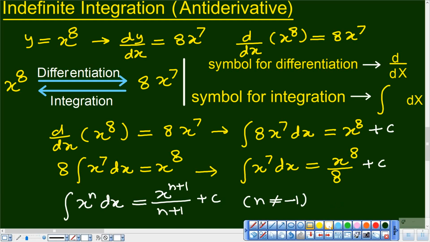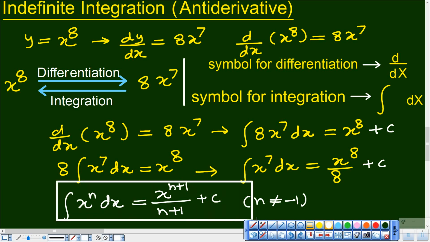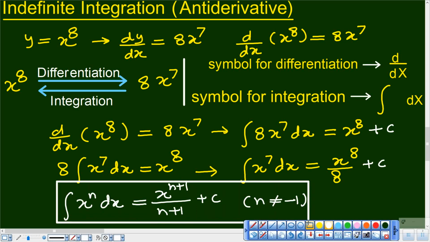So let me box it, and this is a very important formula which would be very frequently required in physics. And you can see the application of this formula here as well. Can you see that x raised power n, here n is 7?